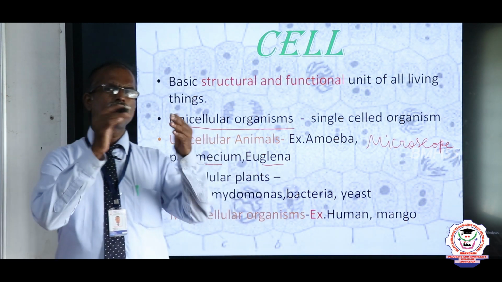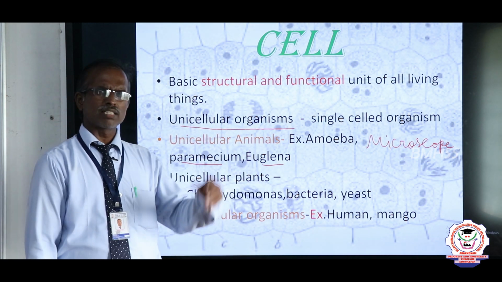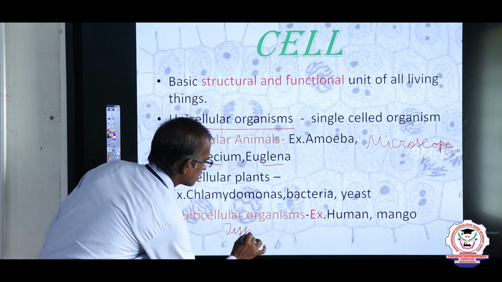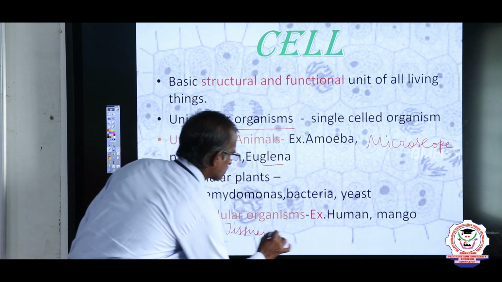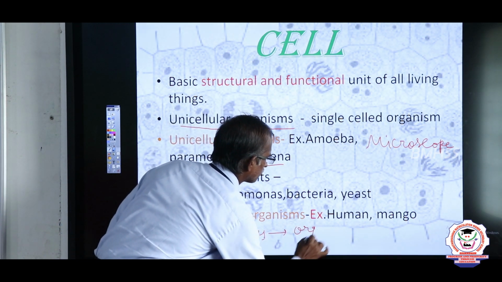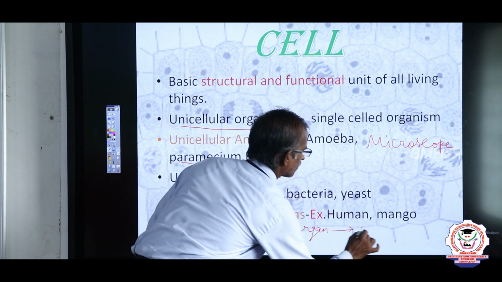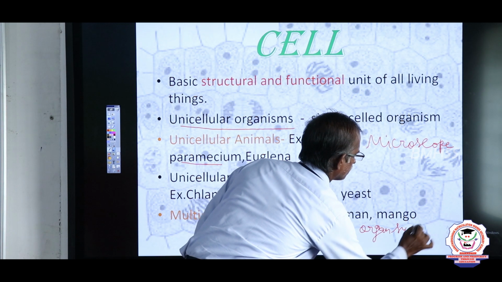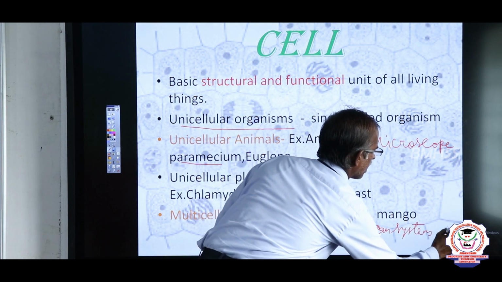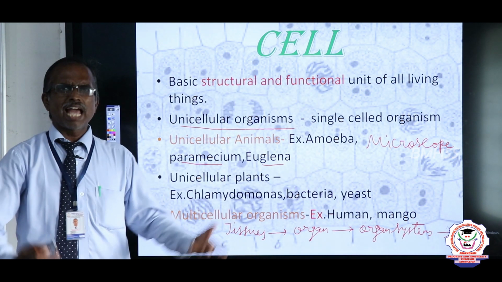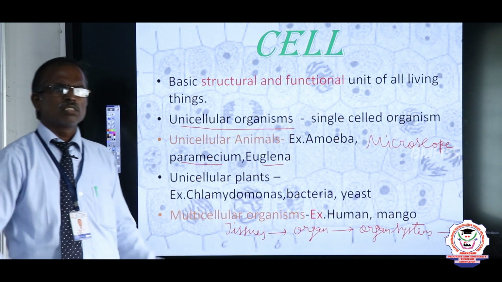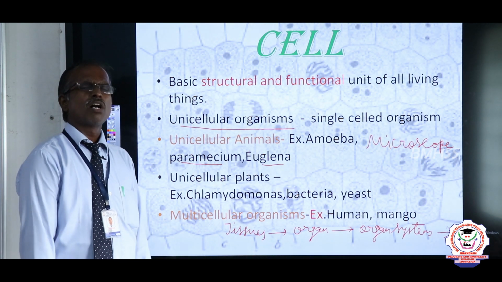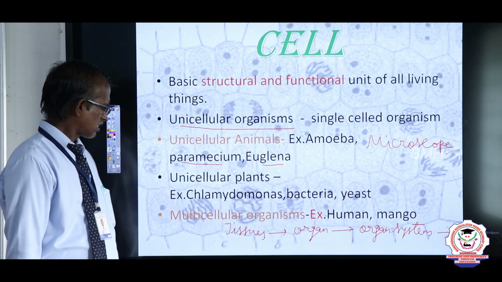These tissues join together to form an organ. Organs form an organ system, and organ systems form an organism. Now, this is a schematic representation of complicated cell structures.